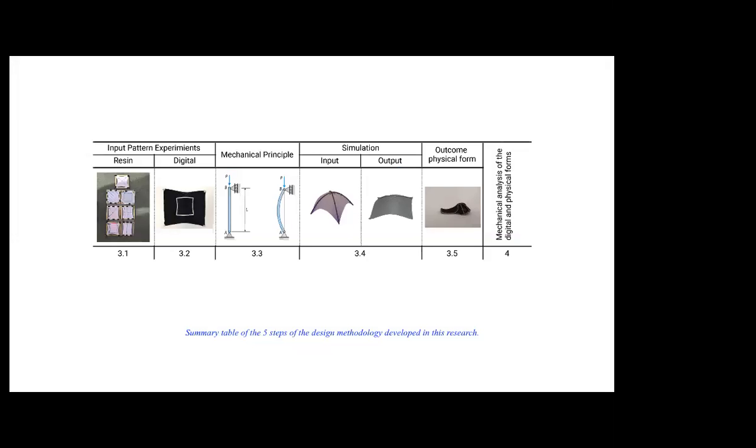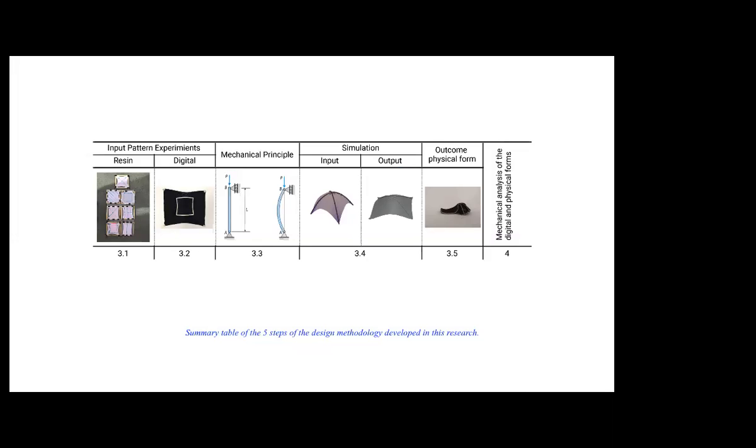The design methodology developed in this research is primarily divided into 5 steps. The first step is to define the input pattern by finding studies using physical prototypes with both analog and digital fabrication processes. Second, the application of the material theory of pattern columns.